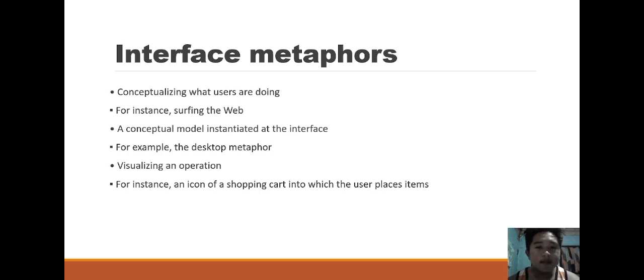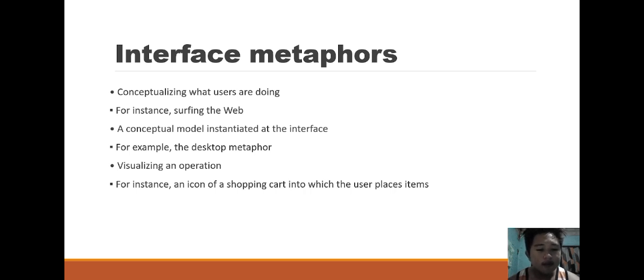Interface metaphors. Interface metaphors are designed to be similar to a physical entity but also have their own properties. They can be based on an activity, an object, or a combination of both.